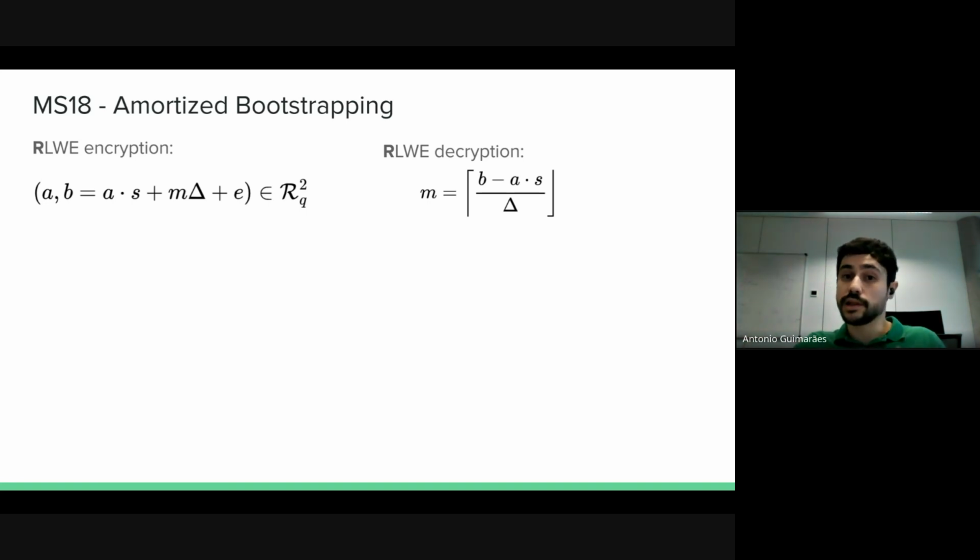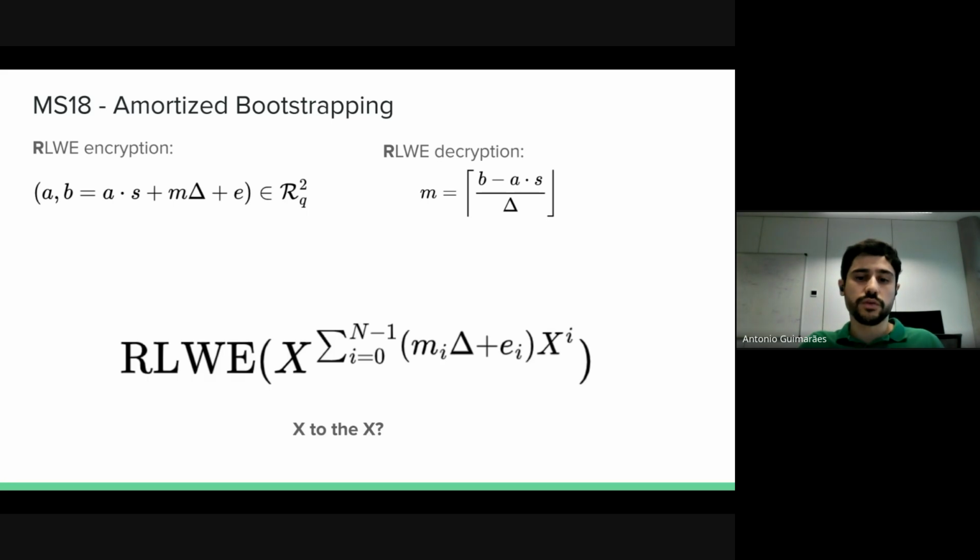Now you would like to compute the decryption equation of an RLWE ciphertext, also in the exponent. Of course, what I wrote here doesn't make sense, since I have one polynomial in the exponent of another, so what they actually do is very different, but the intuition would be this.